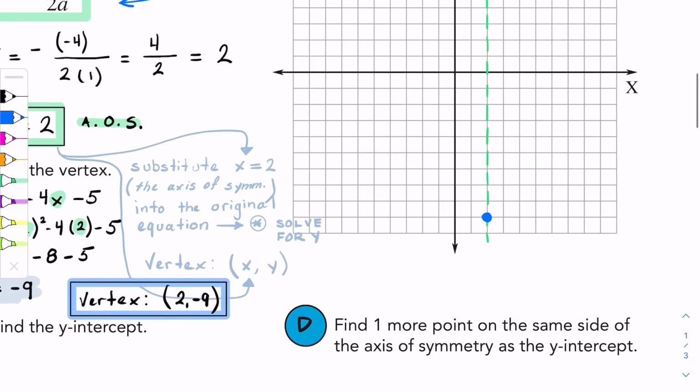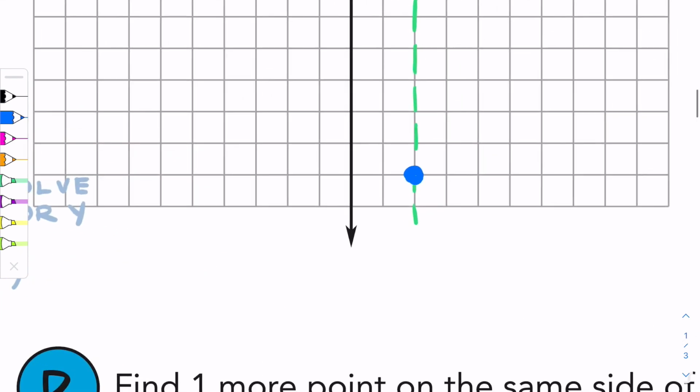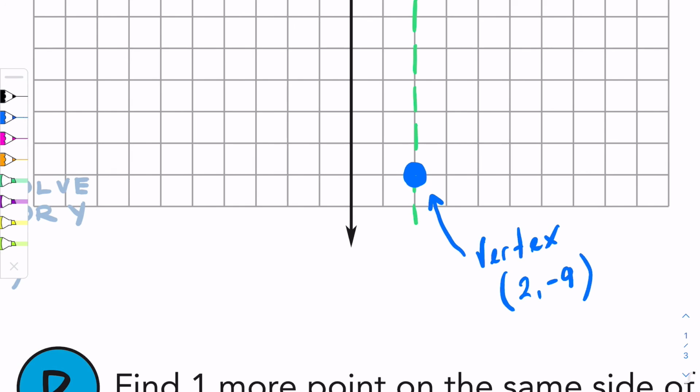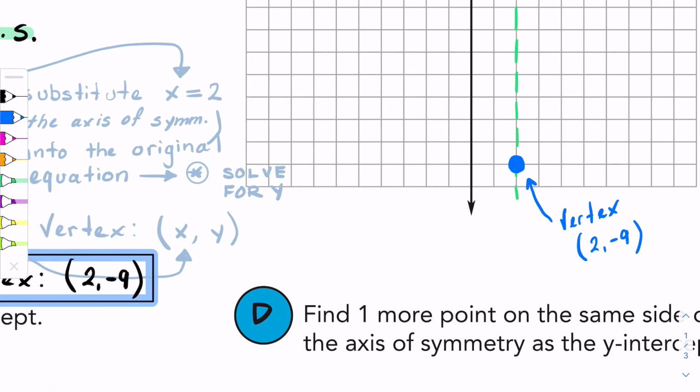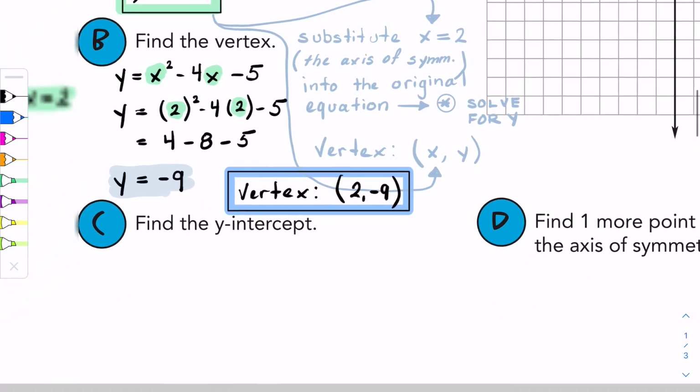And I'm also going to label it as my vertex. The x-coordinate of the vertex is always the same as the axis of symmetry. If it wasn't like that, then this point would not be on my dashed green line. So again, it always has to be the same as the axis of symmetry.